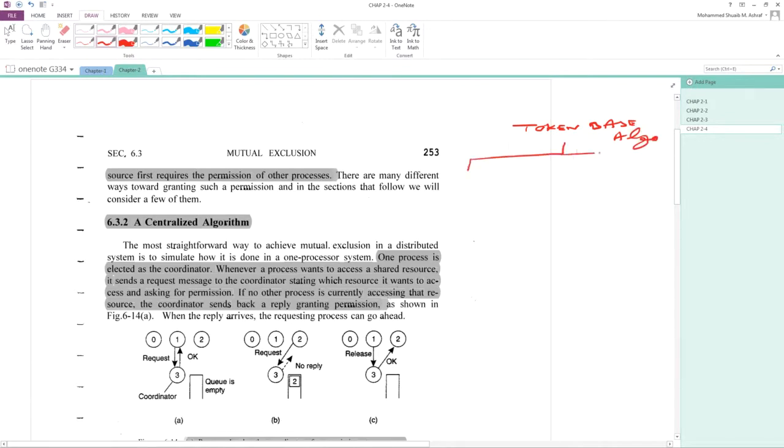Token based algorithm is of two types: first, centralized, second, decentralized. So first we will see the centralized algorithm.